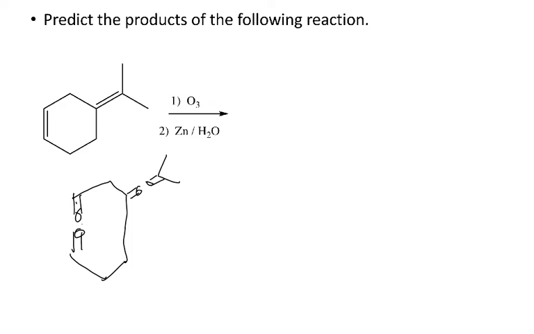So our two products are going to be this one. And then we could leave this in the ring formation, and that would be fine, but I'm going to redraw it so it looks a little bit neater. And so I have 1, 2, 3, 4, 5, 6 carbon atoms, and then a double bond O on the end.